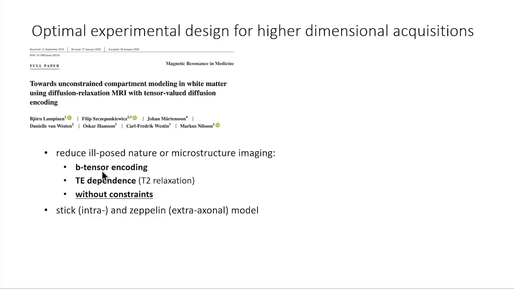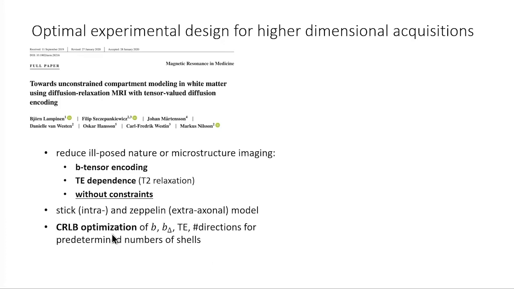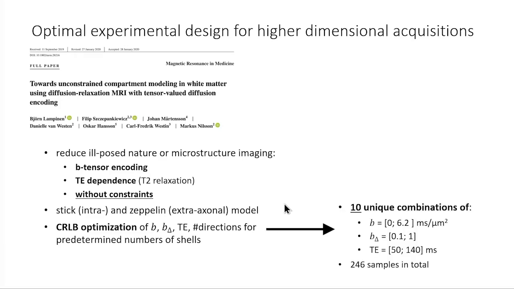And they looked at optimal B-tensor encoding, optimal echo times, all without constraints. So they optimized using the CRLB, B-value, B-tensor, anisotropy, echo time, and number of directions for a predetermined number of shells. And what they came up with was then 10 unique combinations of B-values, B-tensor shapes, and echo times.